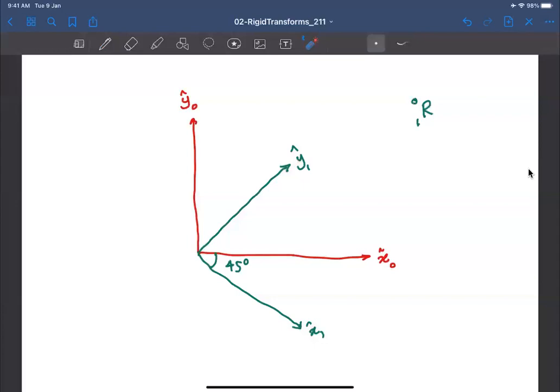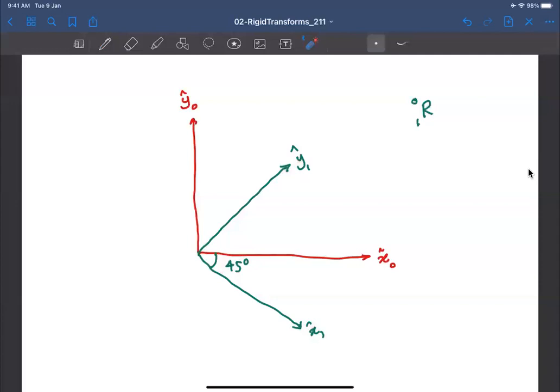So if you think of the green frame as coincident on top of the red frame initially, then how do you reach the pose of the green frame? Basically by rotating clockwise by 45 degrees, as shown in this angle here, okay?